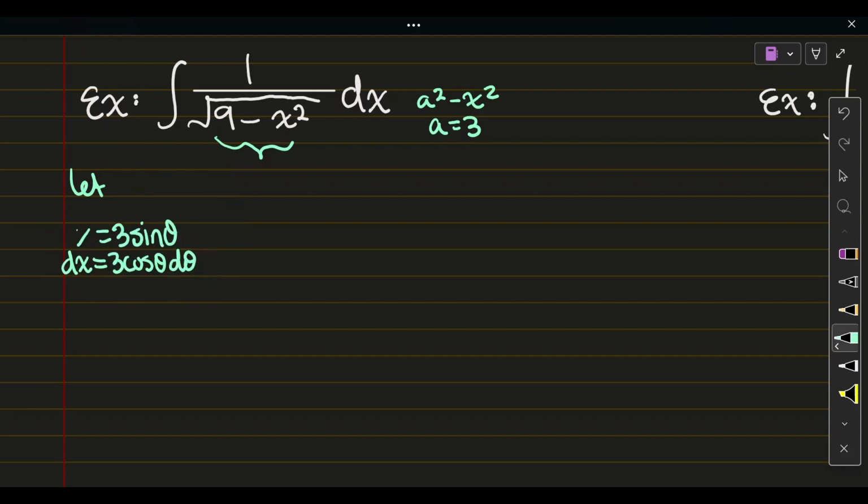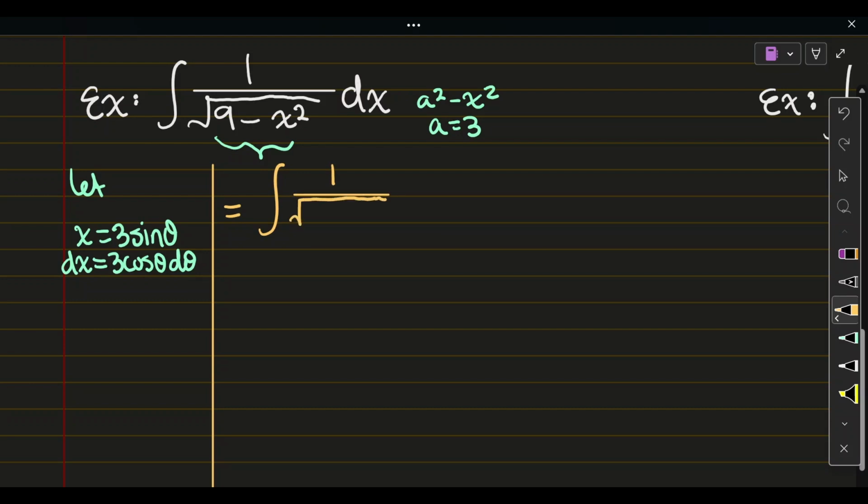Now, applying that substitution into my integral, I have the integral of 1 over the square root of 9 minus 3 sine theta squared, because x was 3 sine theta, and then my dx became 3 cosine theta d theta. So times 3 cosine theta d theta.